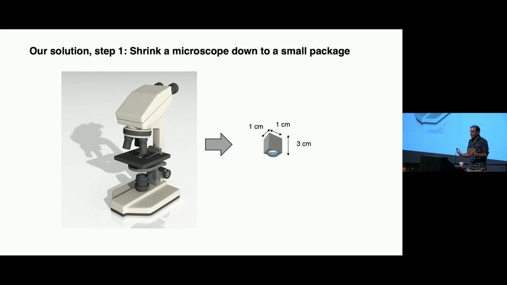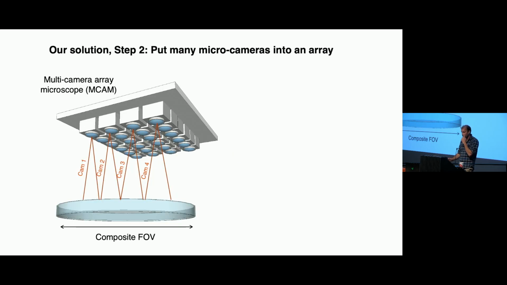So how do we do this? Like I said, we're using arrays. So our first step is to shrink the performance of a microscope down into a small package. That's not surprisingly doable, given we have the performance of almost DSLR type imaging in our pockets, right? The same thing can be done with microscopy. Then we put these microscopes in arrays.